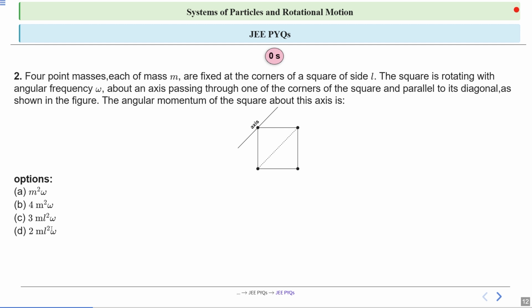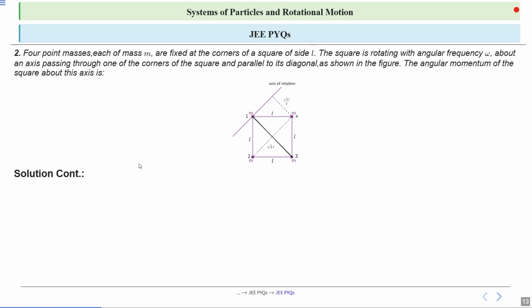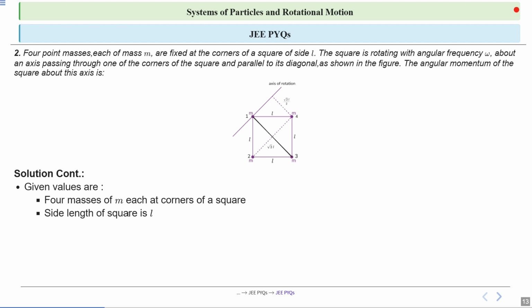Let's see the solution of this question. The given values are 4 masses of m, each at the corners of a square. m, m, m, m are fixed at the corners of the square, and the side length of the square is L, and angular velocity is omega.